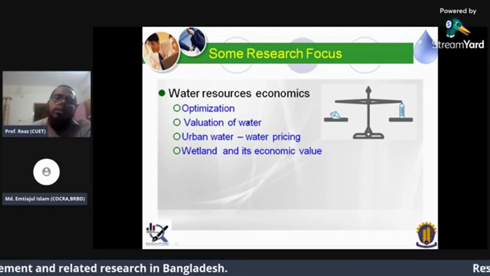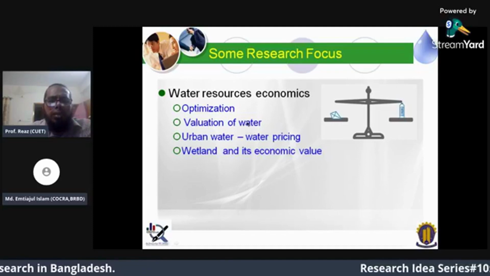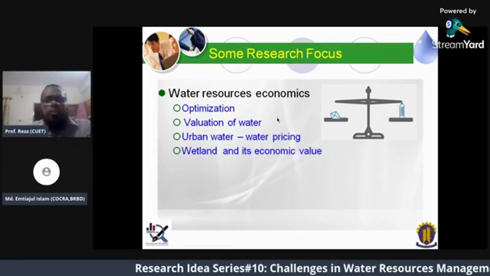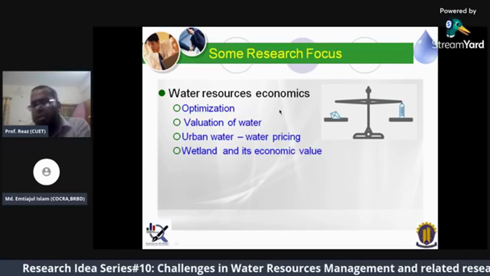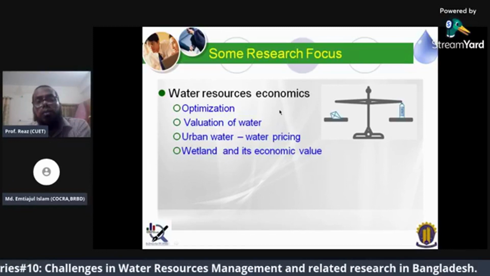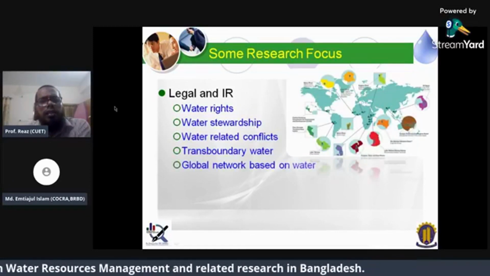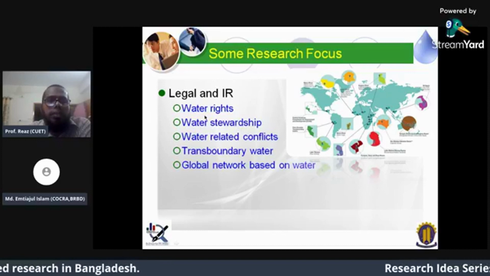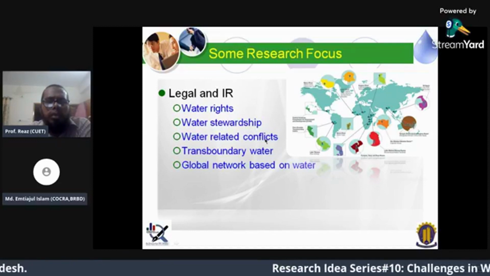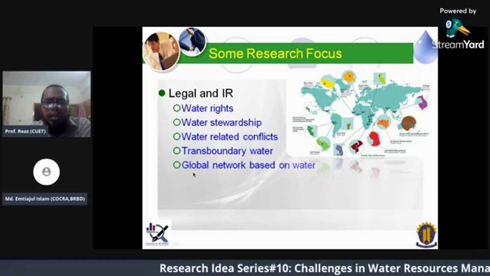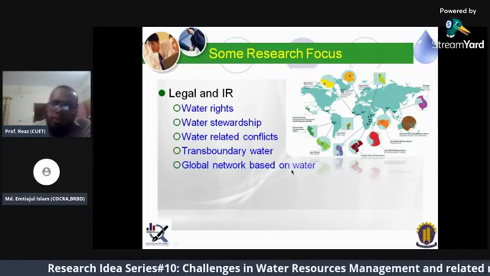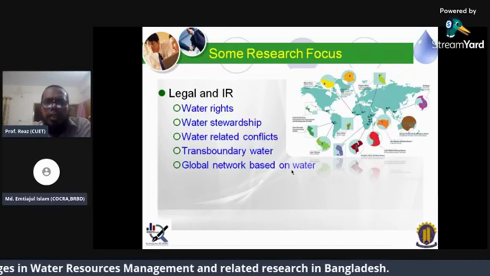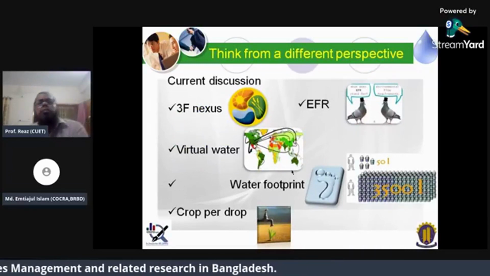You can see much literature, even very long books, on the valuation of water, the optimization of water related issues and the models. And there is a legal and international relations focus for water: water rights, water stewardship, water related conflicts, transboundary water, global networks based on water. So these are some points for legal and international relationships.